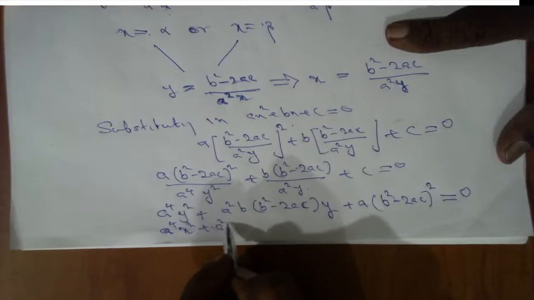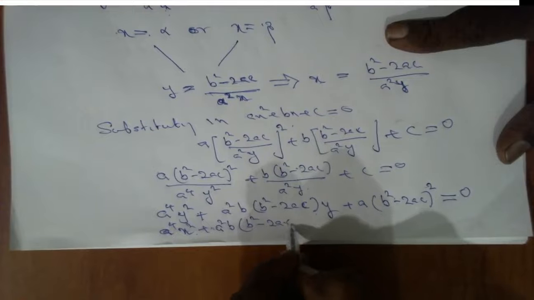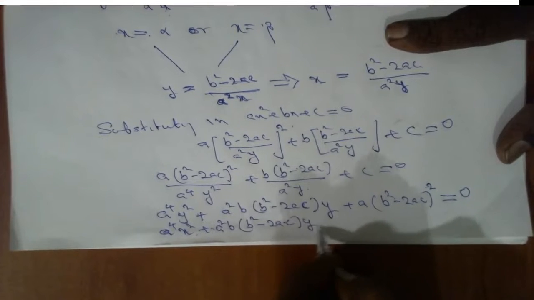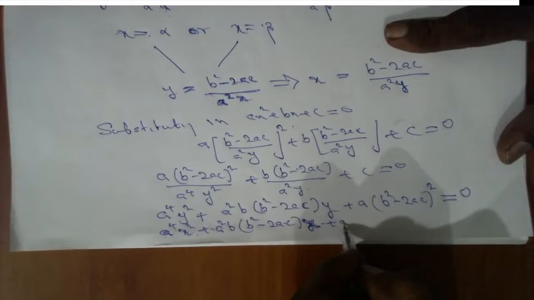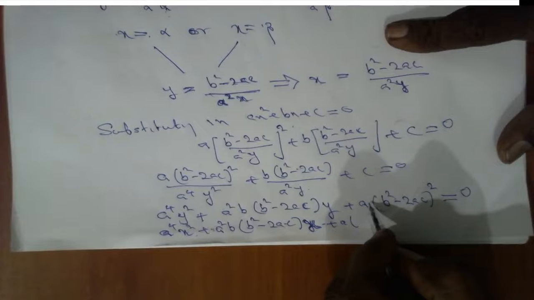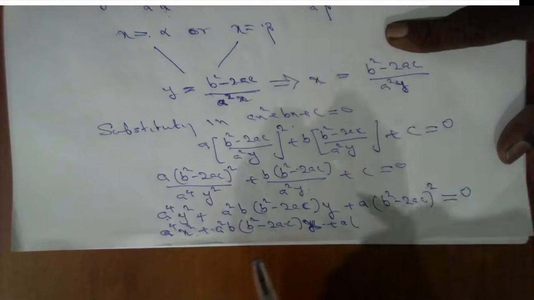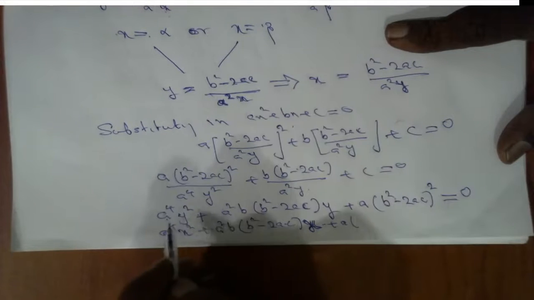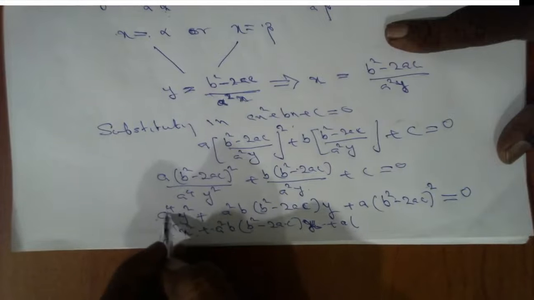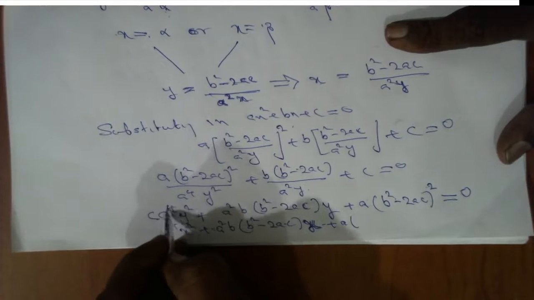So a to the power of 4 c x squared, right, sir? For the square term, c should come, yes. c a to the power of 4, no?